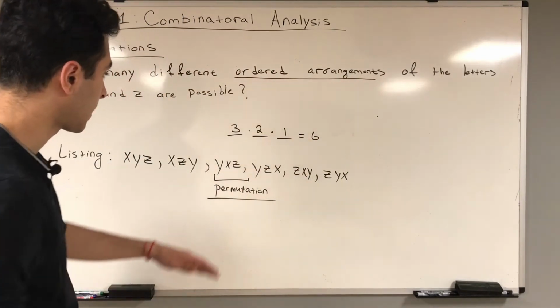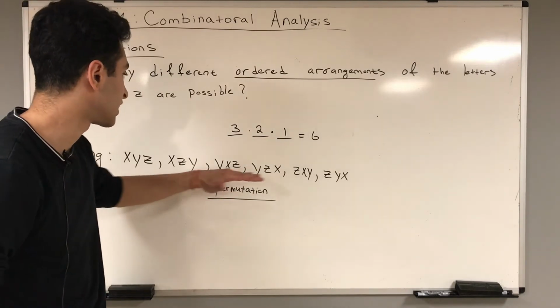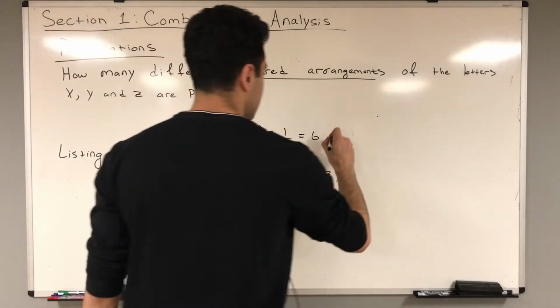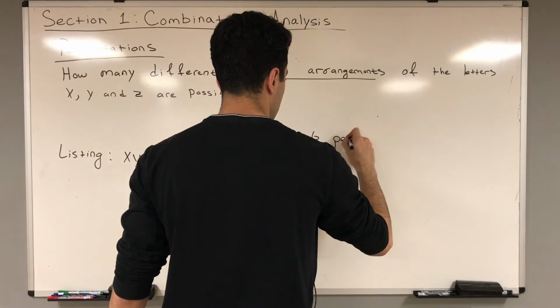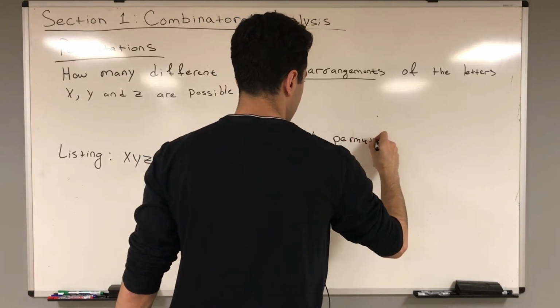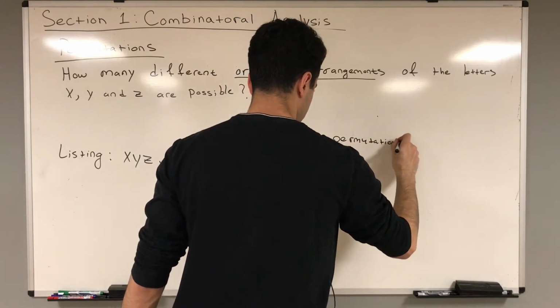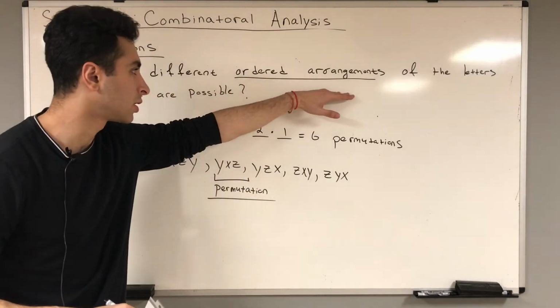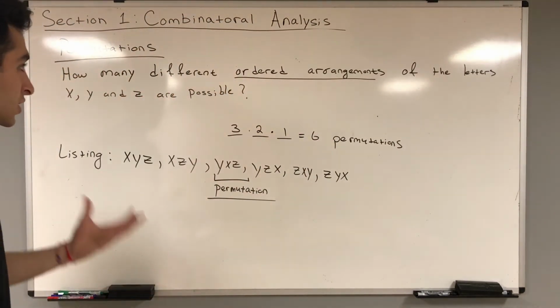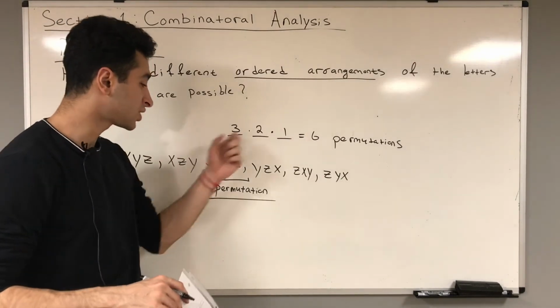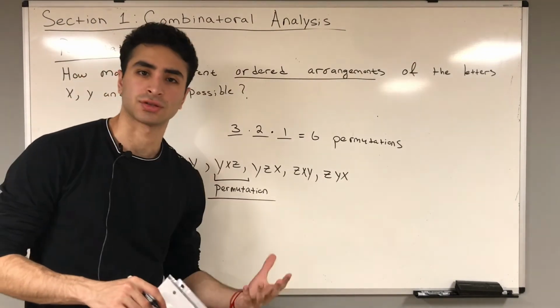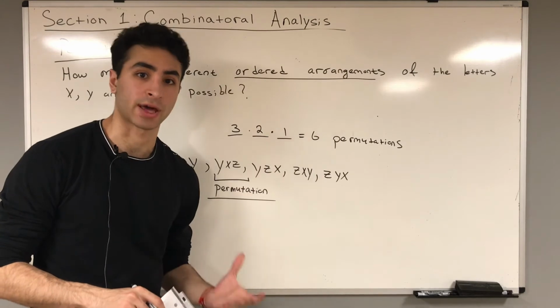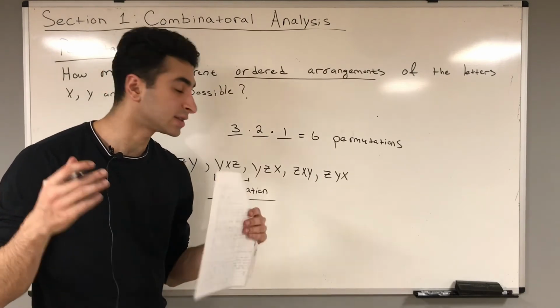Okay? Each of these are permutations. So in this case, you have 6 permutations. Okay, so it's an ordered arrangement, and that should tell you that in a permutation, order really matters. It insanely matters.